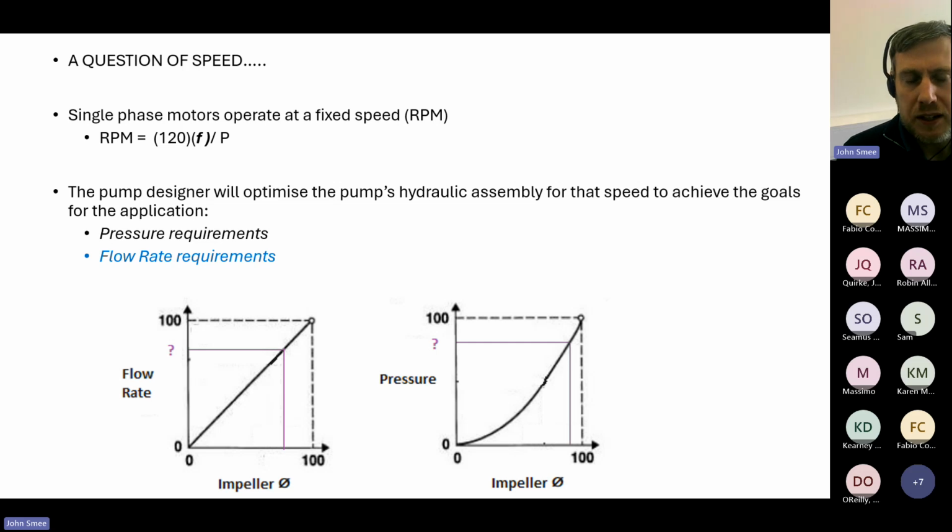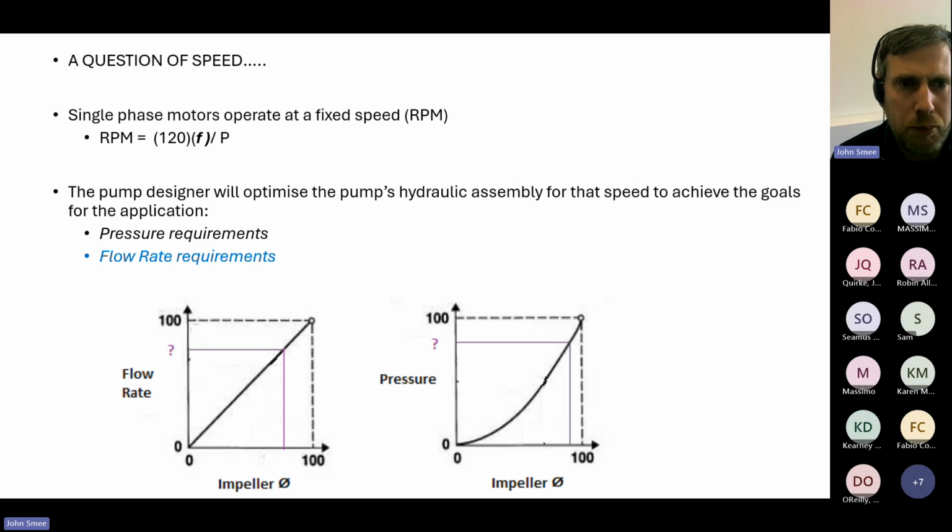So we can see that the speed, with our affinity laws, has a huge bearing on things like pressure, flow rate, and power consumption. But the thing is that an awful lot of pumps are fixed speed pumps. They're a single phase motor and they operate at a fixed speed. So if you think of any standard centrifugal pump that you will come across, you go down to your little special buys on a Thursday morning and you buy a pond pump, it's going to be a fixed speed pump probably.